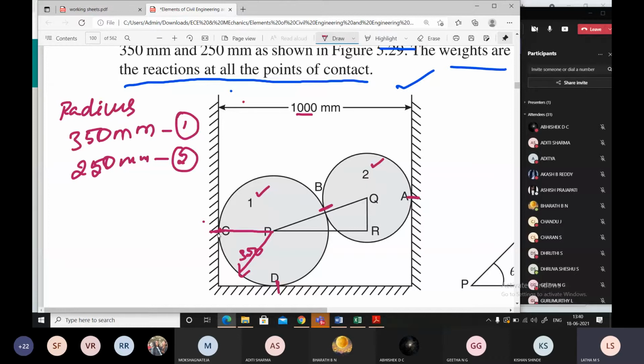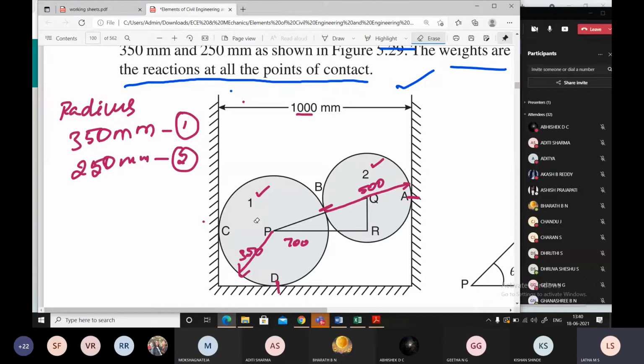Now, can you tell me the diameter of sphere 1? Twice 350, so it is 700. And what is the diameter of sphere 2? 500. Correct? Yes, ma'am.